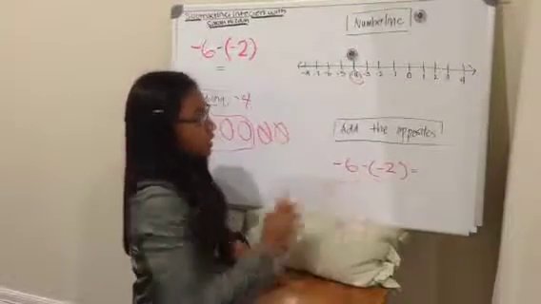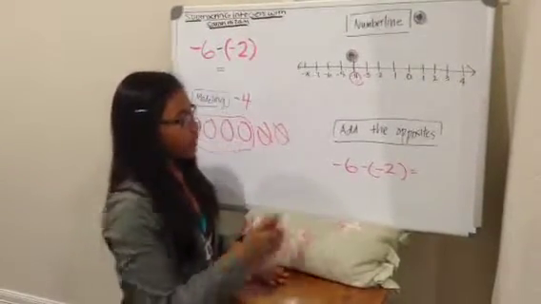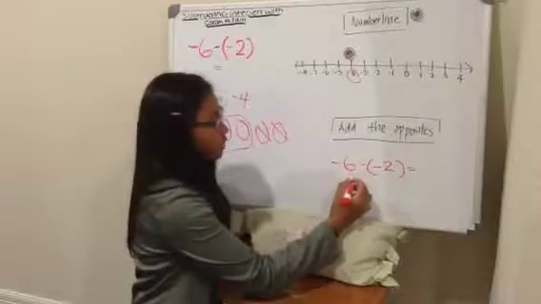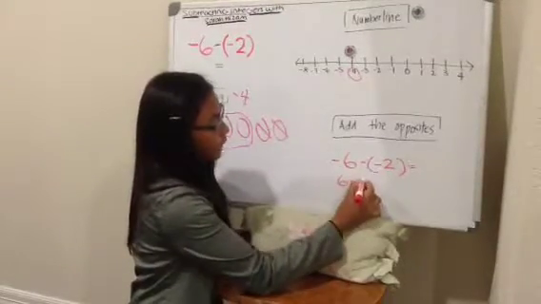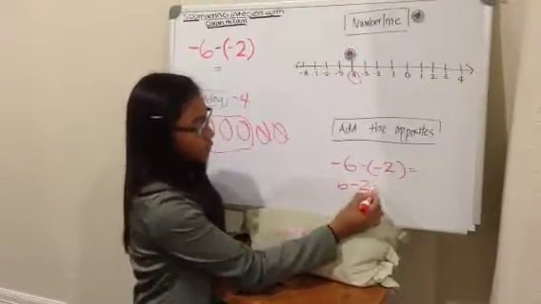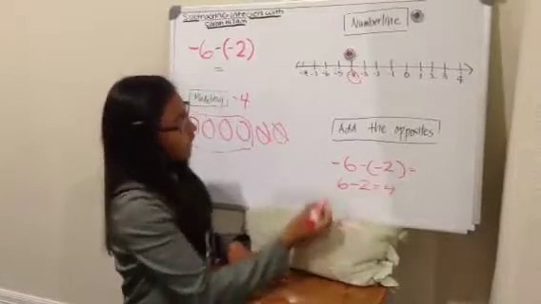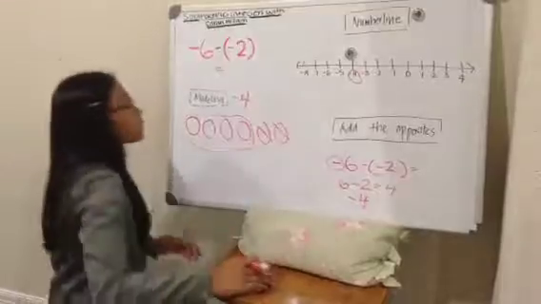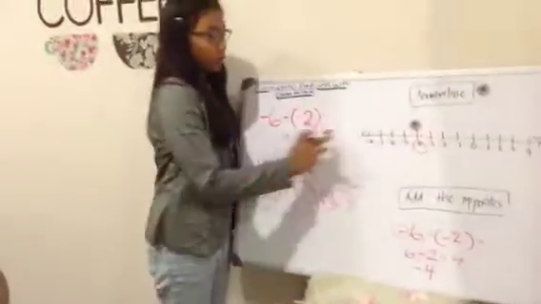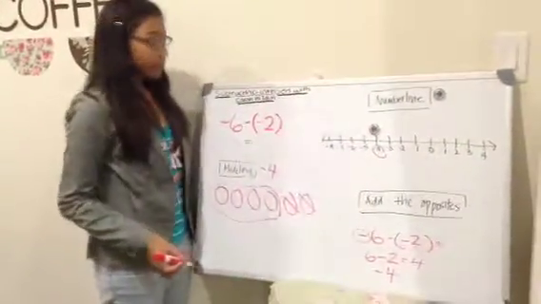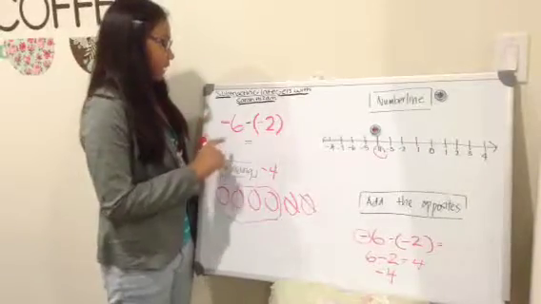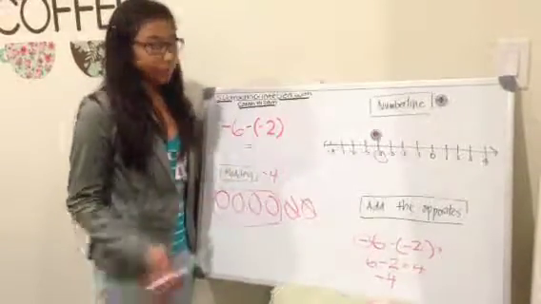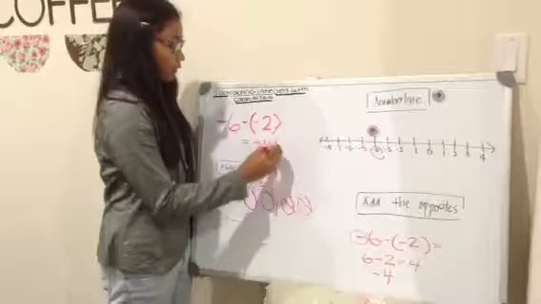But in here it is negative numbers with a negative sign. So what we have to do is subtract 6 minus 2, which equals 4, and add the negative sign, which is negative 4. Overall, according to all these strategies, negative 6 minus negative 2 equals negative 4.